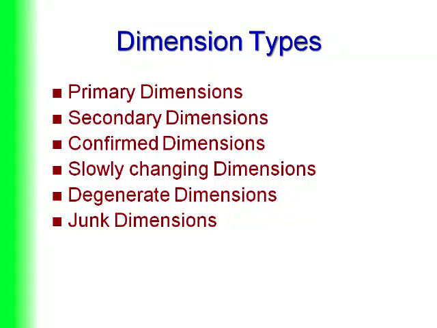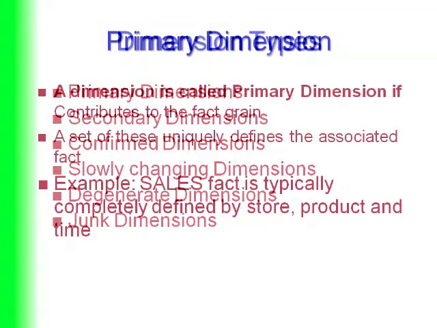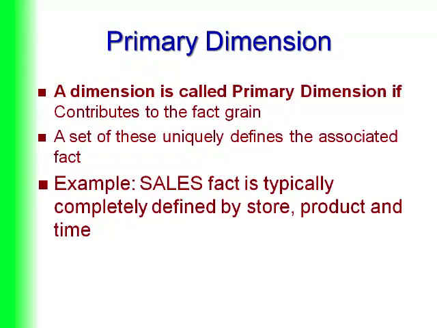We now discuss each dimension type in detail. Primary dimension. If any dimension contributes to the fact grain, then it is called a primary dimension. So when you consider the set of primary dimensions, they uniquely define the associated fact.